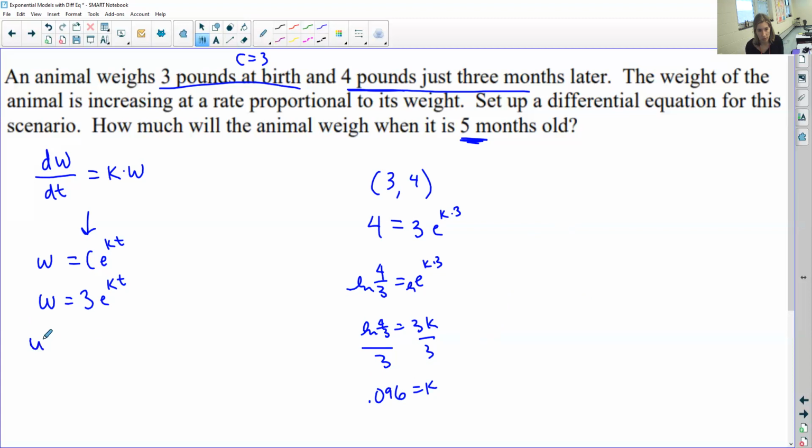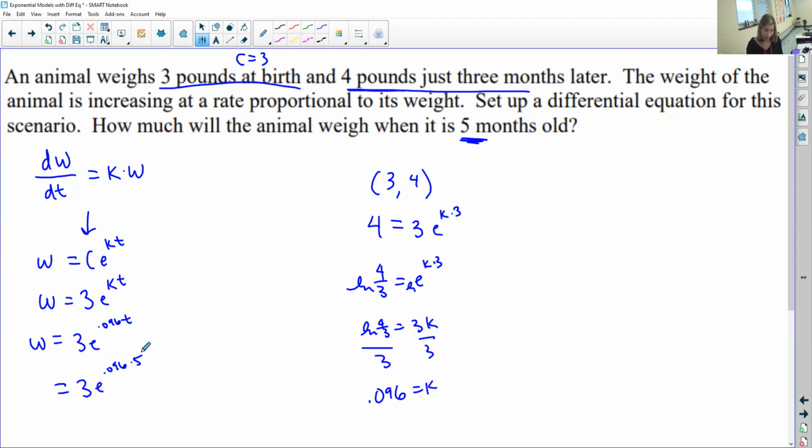So now I can just write the whole thing out. It's 3e^(0.096t). Then if I want to know the weight when the animal's 5 months old, I'm just going to plug 5 in for t. So 3e^(0.096 times 5).